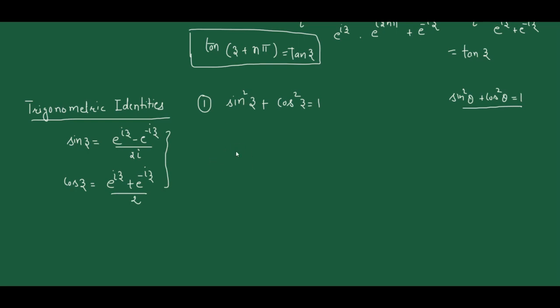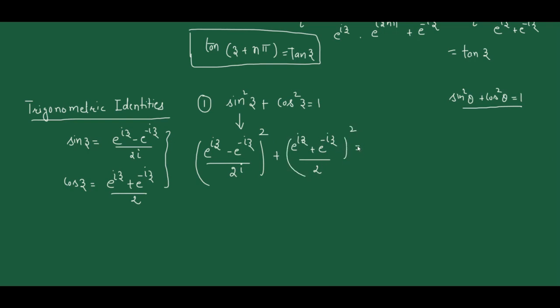For example, if we substitute the value of sine z here, then what you get is e raised to power iota z minus e raised to power minus iota z by 2 iota, the whole square. Similarly, if you replace the value of cos z here, e raised to power iota z plus e raised to power minus iota z by 2, the whole square.